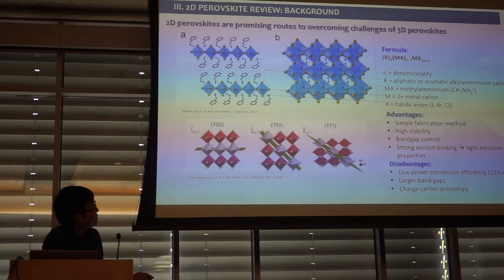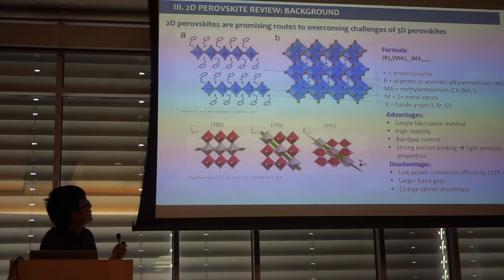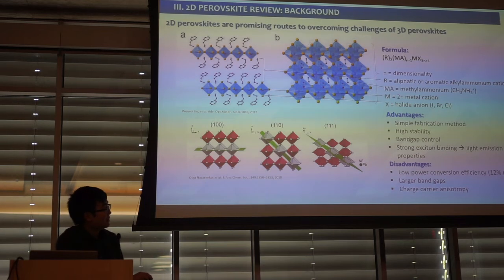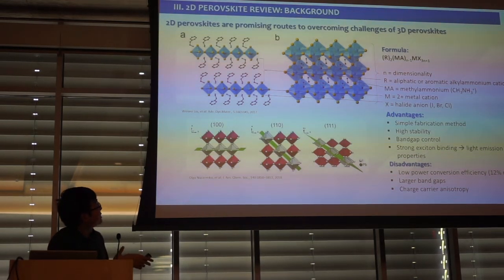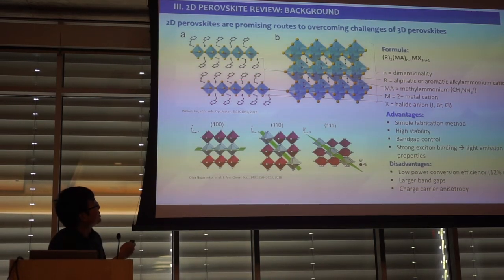And this R molecule corresponds to this very large organic group that you see here. And because of the large size of these organic molecules, the steric hindrance causes the inorganic layers to split into two-dimensional layers like that. And depending on your synthesis conditions, you can also control the dimensionality, which corresponds to the number of inorganic layers between these organic molecules.